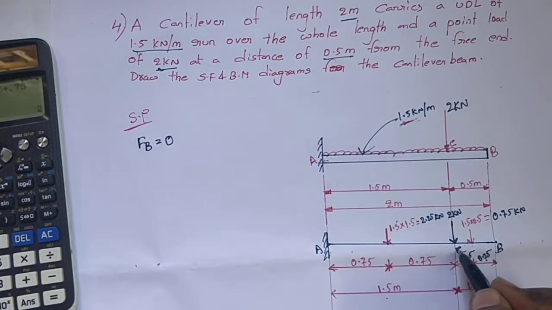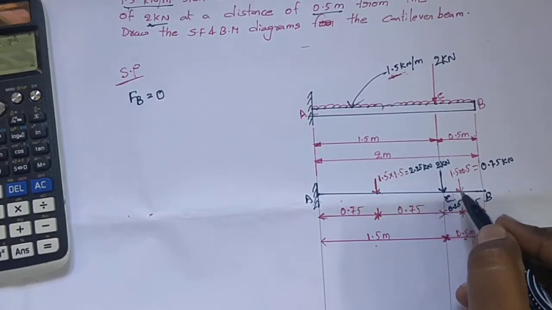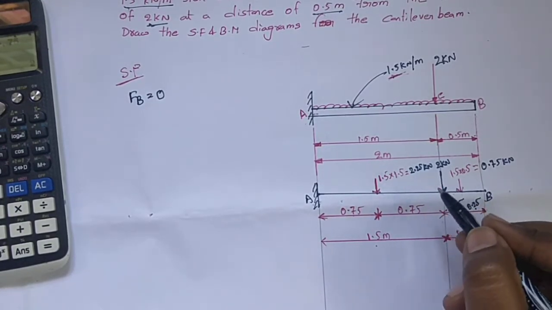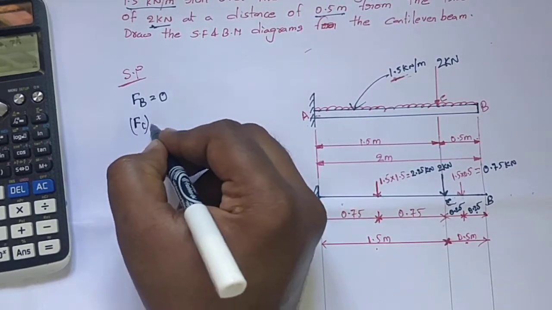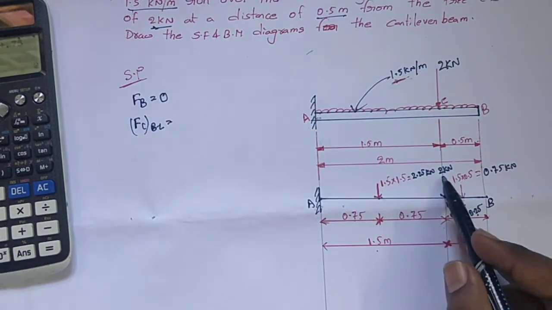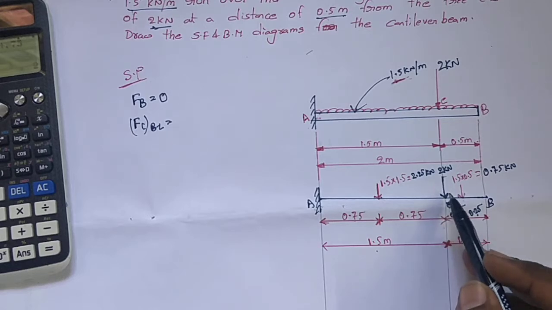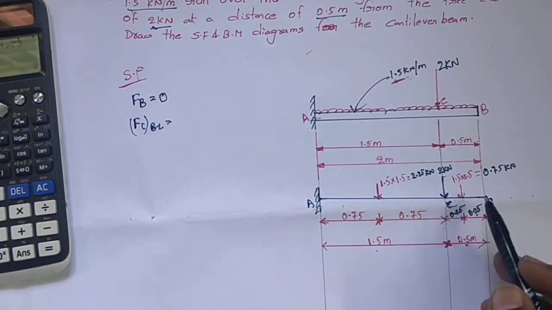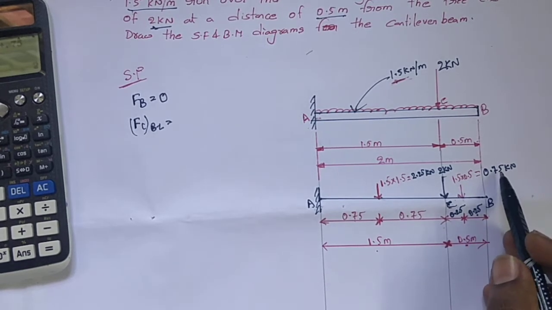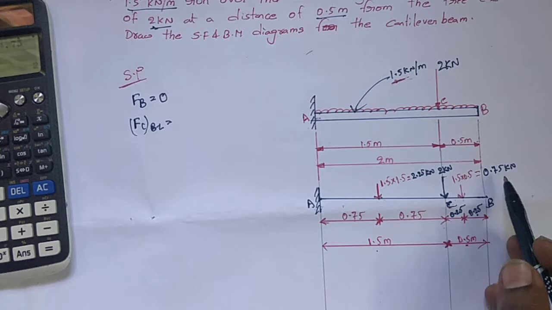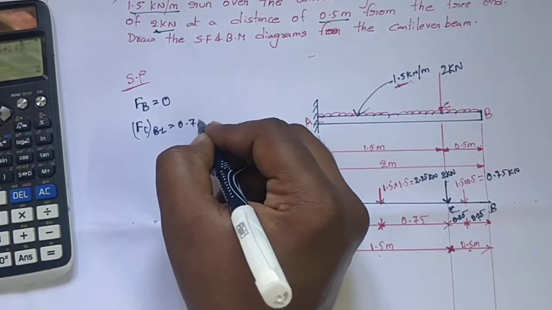Next, shear force at point C. At point C a point load is acting, so we need to calculate shear force before and after the load. Before load means we do not consider the load acting at point C, so we add the loads on the right side of C. Here the right side of C has only one converted load, with a value of 0.75 kilonewtons.